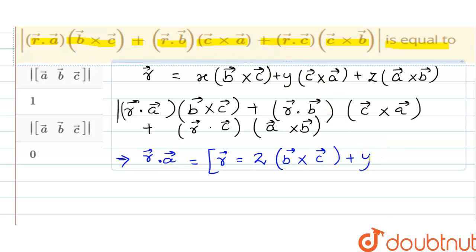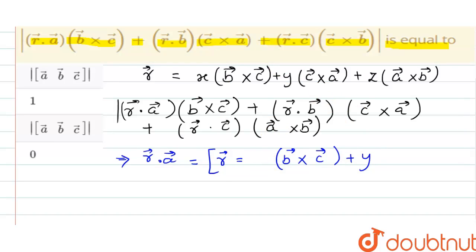So there will be x, and the y term will be C vector multiplied by A vector, and the last term will be plus z A vector into B vector. From this we have to find the answer.